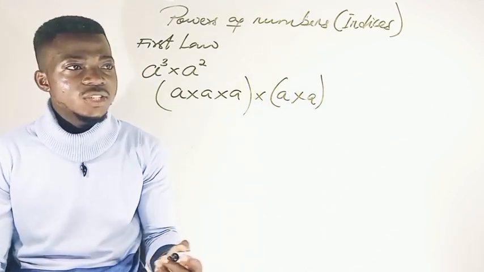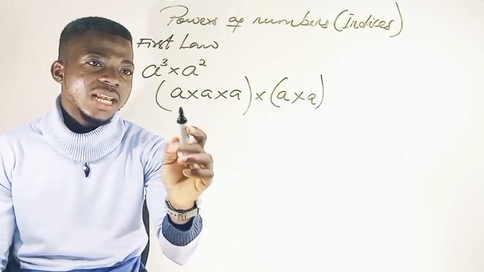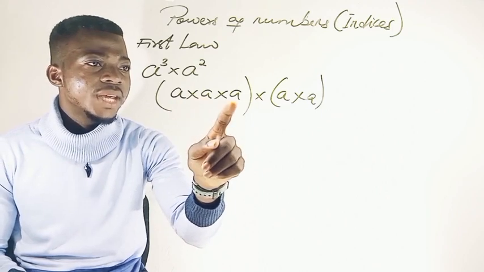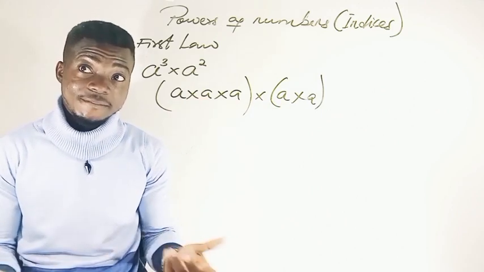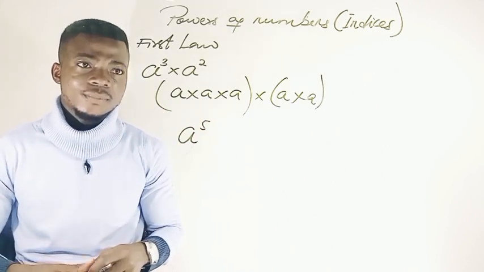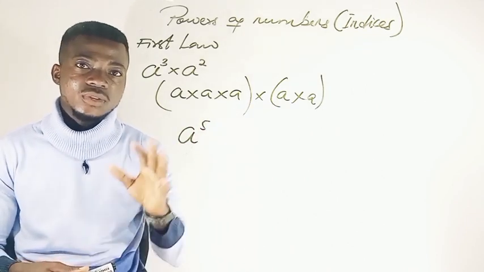Now let's put them together. How many a's do we have? 1, 2, 3, 4, 5 a's. 5 a's give us a exponent 5. Do you get it? Okay, so that is it.